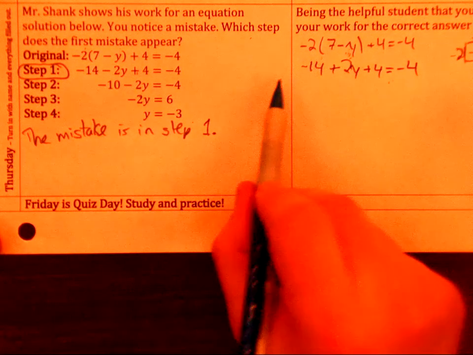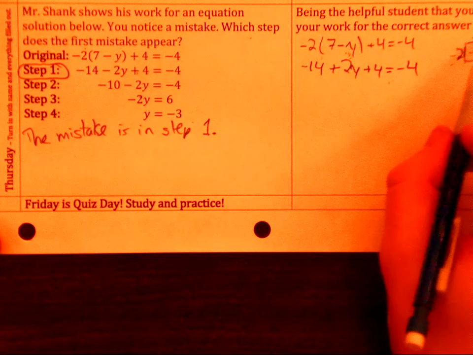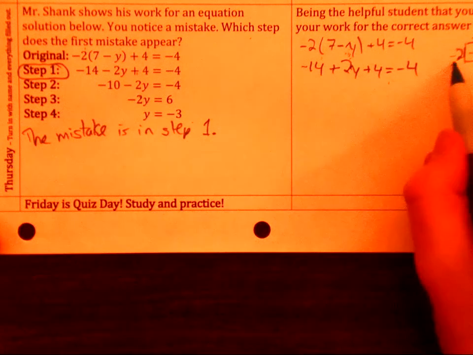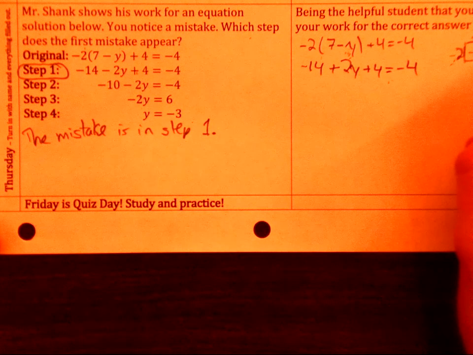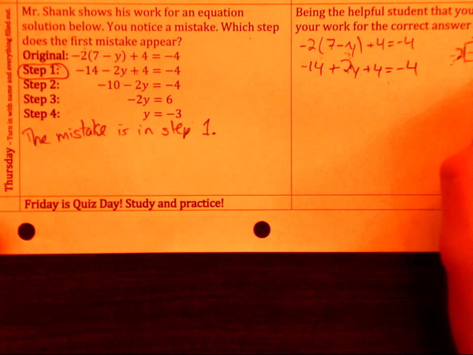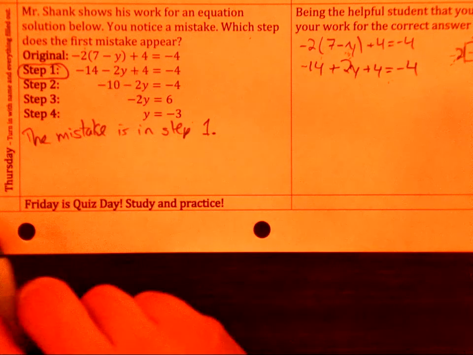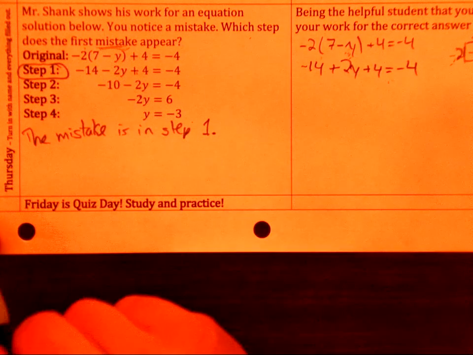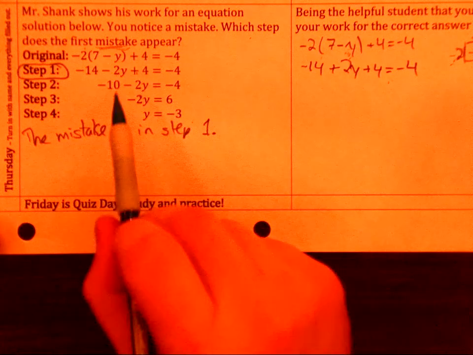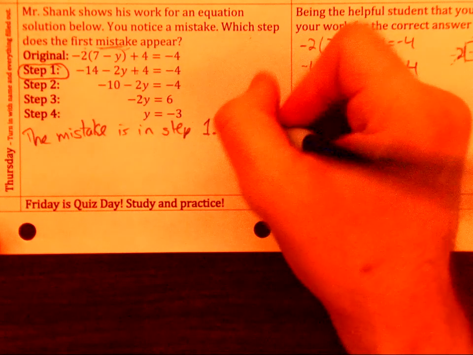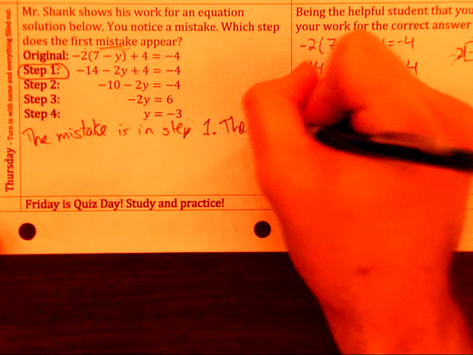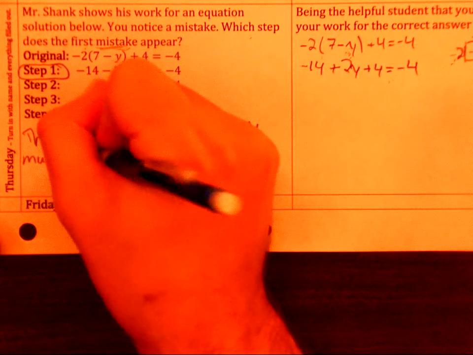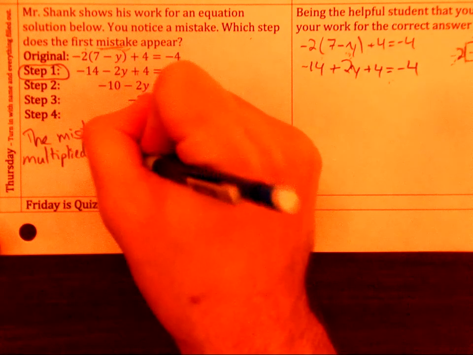So I multiplied negative 2 times positive 7, got negative 14. So did the original problem. And then when I did negative 2 times a negative 1y, I got positive 2y. However, in the work shown, you know there's a mistake here. So because it says, where is the mistake, you can say that they multiplied incorrectly.